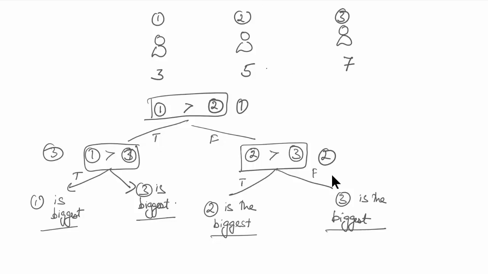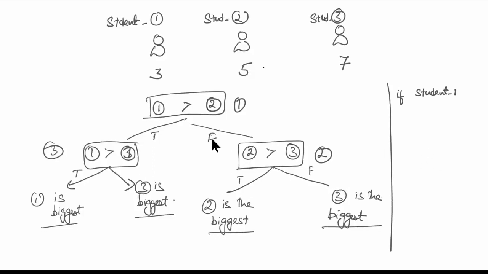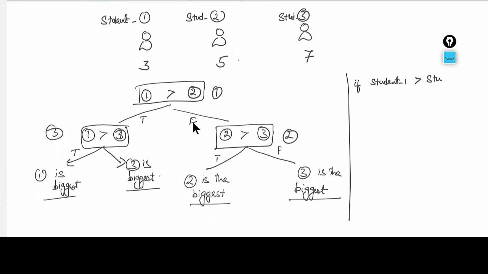So let's actually write it in the system, okay? So how do you write it? Let's put these as student underscore 1, student underscore 2, student underscore 3, okay? 3 different variables. If student underscore 1 greater than student underscore 2, okay? If it is true, then we are looking at this particular path.